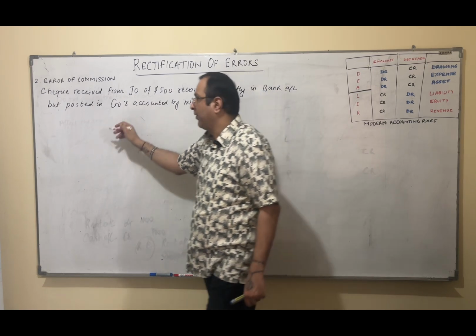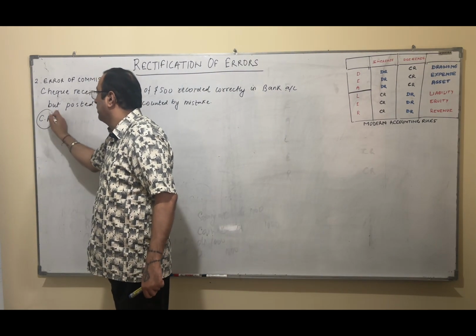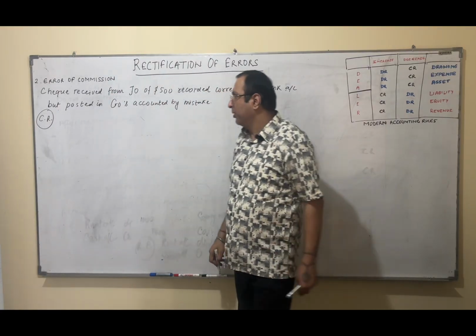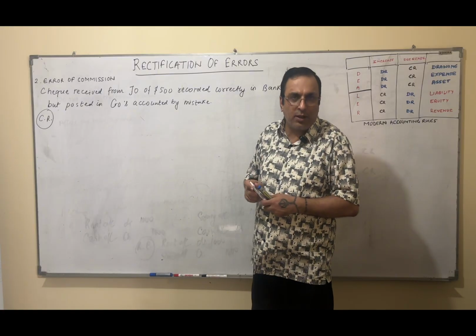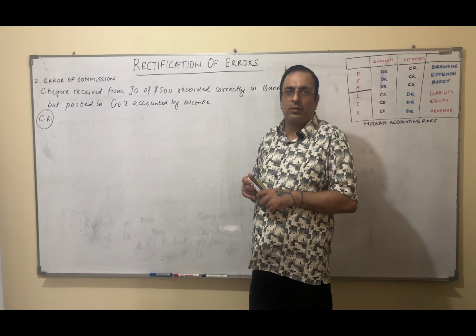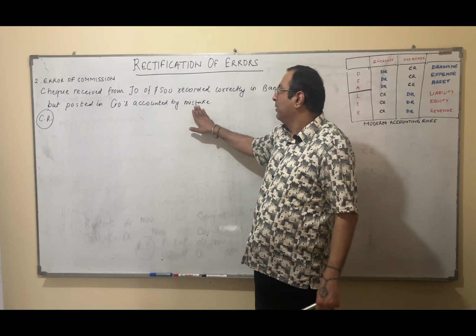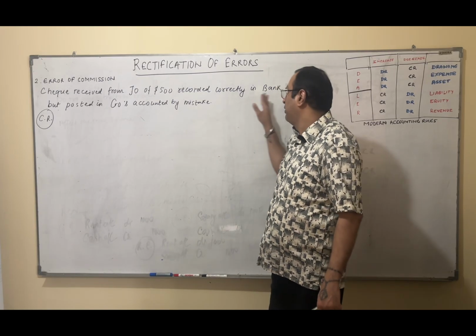So let us start rectifying it. The correct entry which I should pass. See, if you remember the rule, when we receive check and the check is not deposited in the same day to bank, we assume it as cash in hand, right? But here I am assuming that I am depositing the check in bank the same day, so I am taking bank.